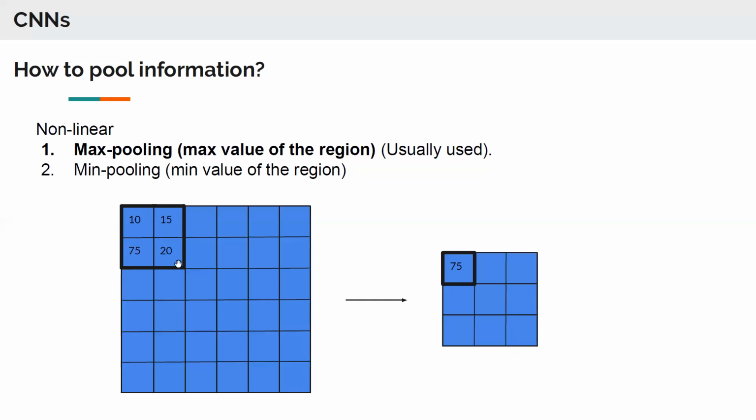This is actually the kind of pooling that we typically use in practice. So we locally select the most activated part of the region and use that part to represent the whole region. And this is how we get dimensionality reduction and an opportunity to further process this reduced representation of the image.